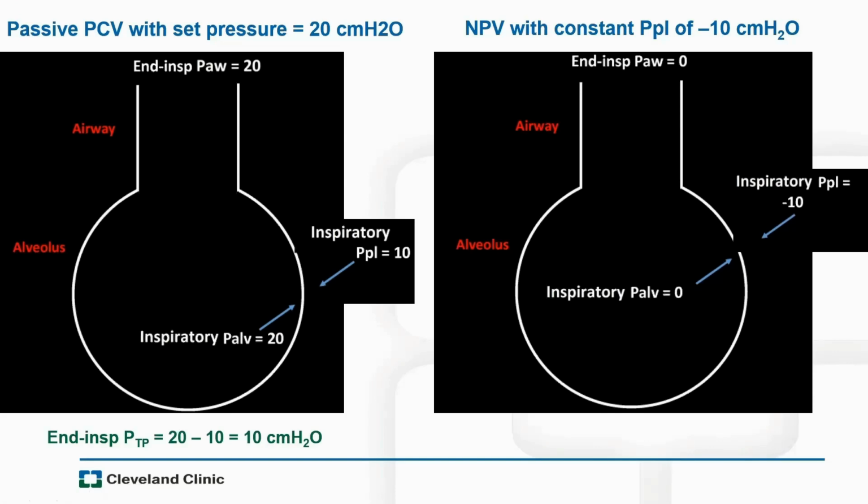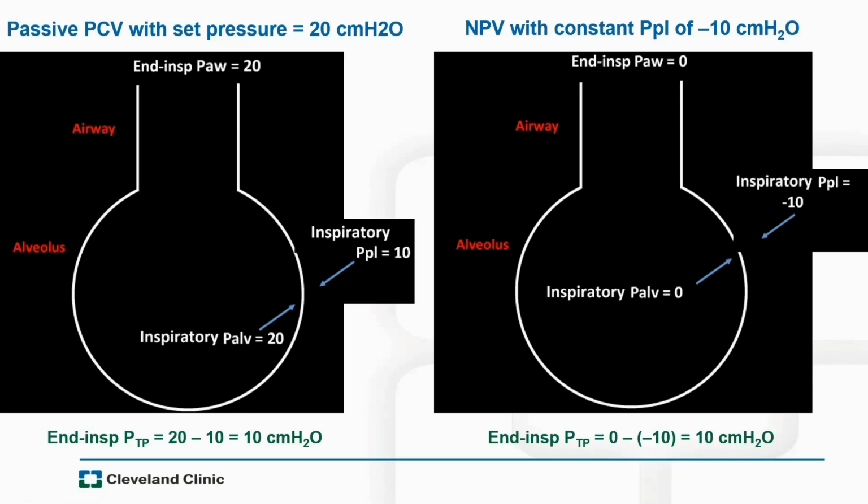So the airway opening pressure as well as the alveolar pressure at end-inspiration in spontaneous breathing would be 0. So the point is, with negative pressure ventilation, the inspiratory transpulmonary pressure is the same, right? These two conditions, same patient: the first scenario is totally passive positive pressure ventilation, the second scenario is totally active spontaneous breathing, and both generate the same transpulmonary pressure. In these two scenarios, the degree of lung stress would be absolutely identical.